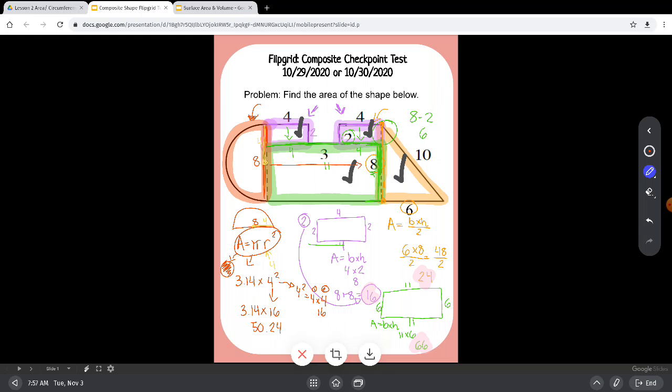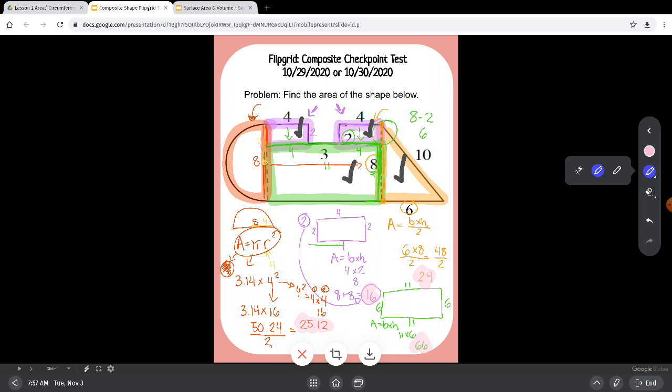You can either cut this in half or divide by 2, kind of like what we do with the triangle. When I divide that by 2, my answer would be 25.12. Again, highlighting that in pink so that I know I need it.